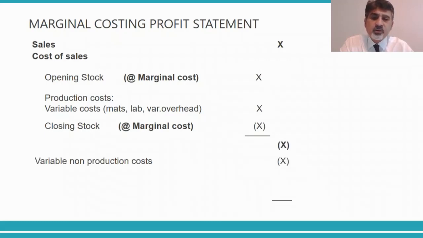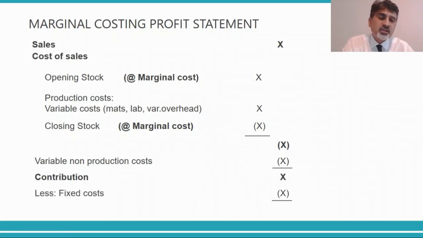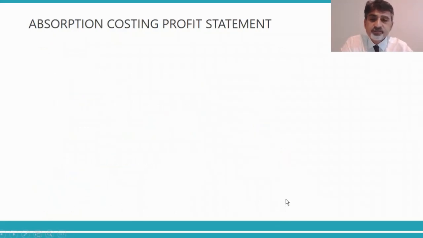This is my sales, this is my variable non-production cost, and what I get is called contribution. Then you subtract the fixed cost and what you get is your net profit. So contribution means sales minus all variable cost, and then you subtract the fixed cost and you get profit. And fixed cost means full fixed cost.